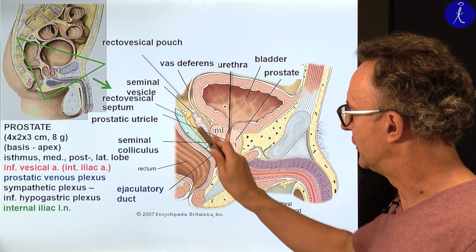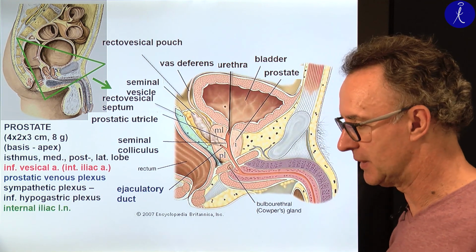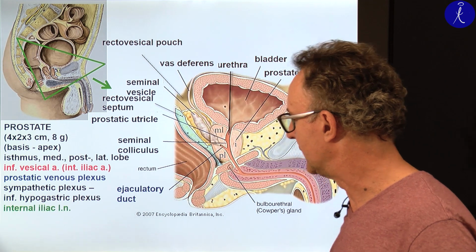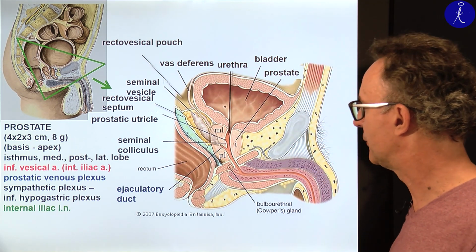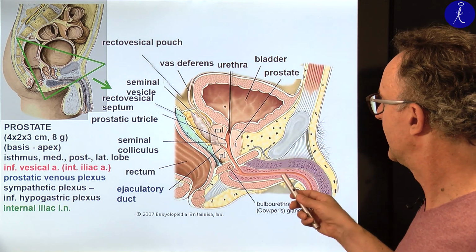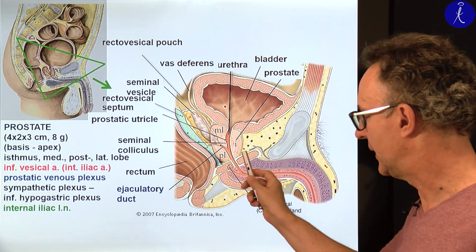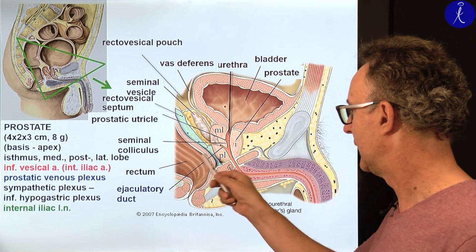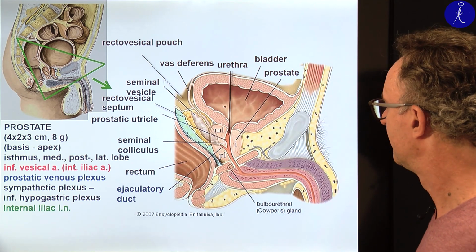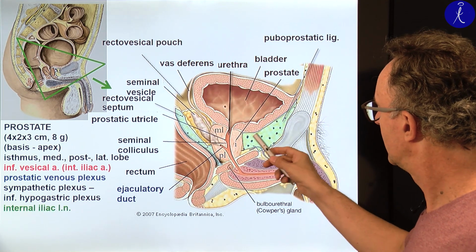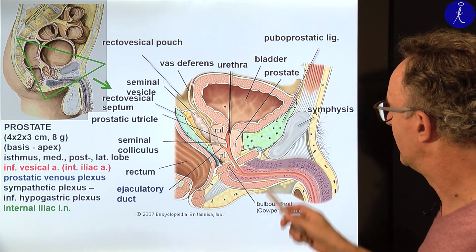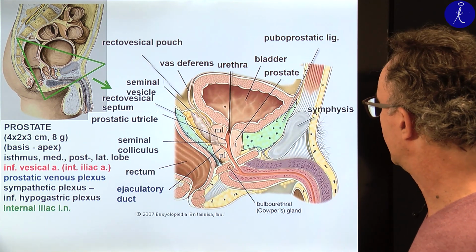It's quite tightly attached to the seminal vesicle, so when somebody operates and wants to remove it, it may easily hurt the seminal vesicle, I heard from urologists. And behind we have the rectum. I like to highlight the vicinity of the rectum with the organs, especially the prostate, which can be palpated from this direction. And in front, between the symphysis and the prostate, we have the puboprostatic ligaments.